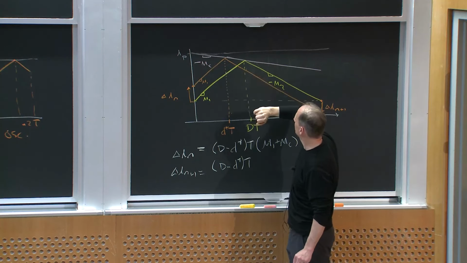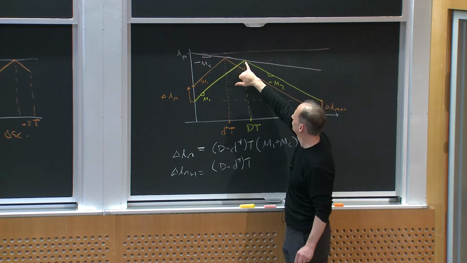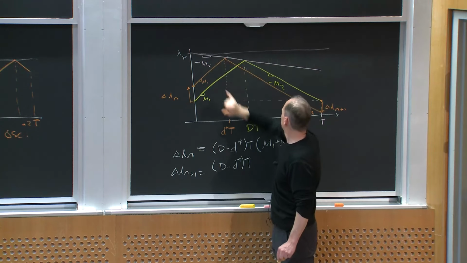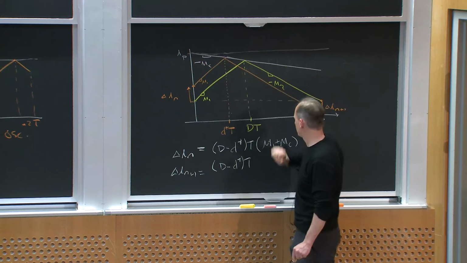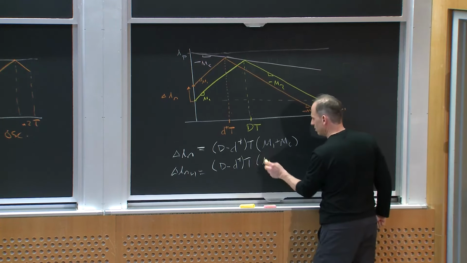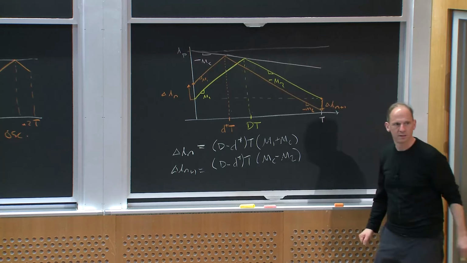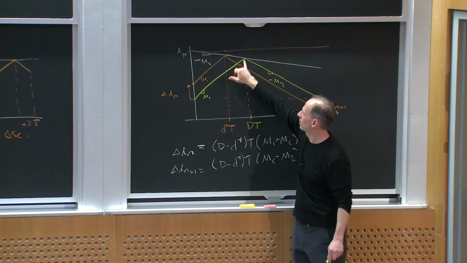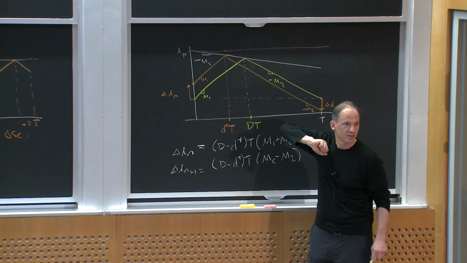I could write this in terms of D minus D star T times MC minus M2. Okay, they're both related to this time difference. It's just I'm kind of running up and down different slopes. Does that make sense to everybody?